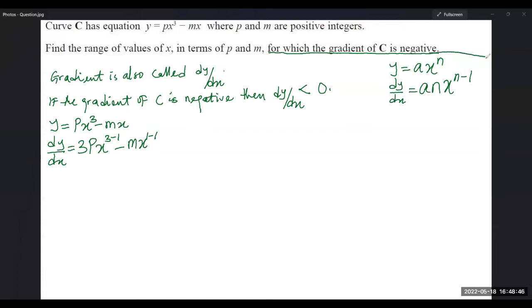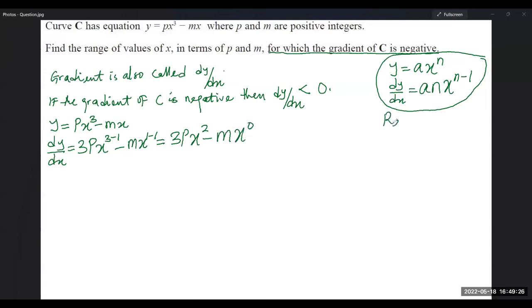Now, this rule is what has been applied to differentiate y equals p x cubed minus mx to give us dy over dx equals 3p x to power 3 minus 1 minus m x to power 1 minus 1, equals 3p x squared minus m x to power 0.